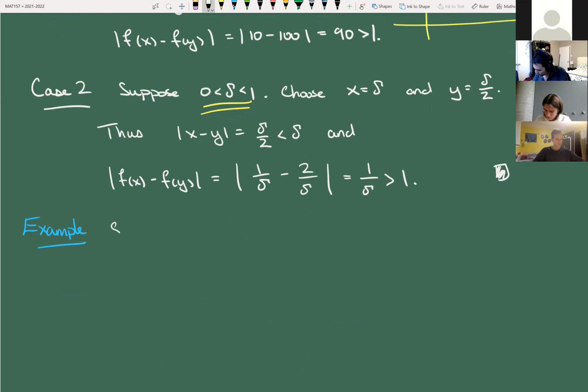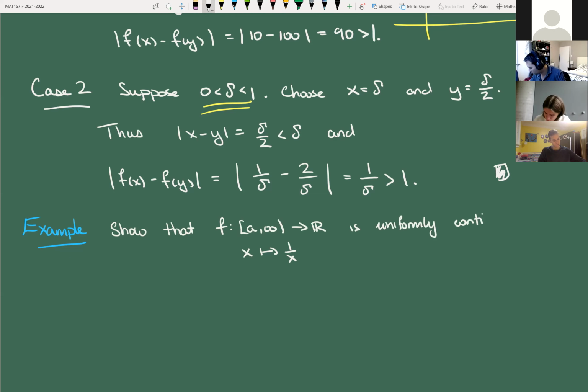Let's say show that f mapping A infinity to R, x maps to 1 over x, is uniformly continuous as long as A is greater than 0. Continuous for any A greater than 0.